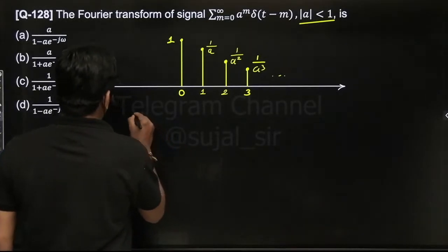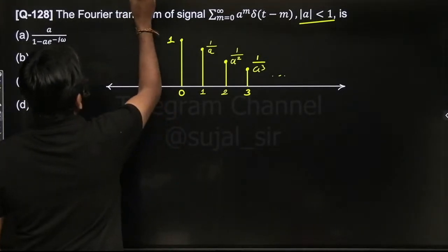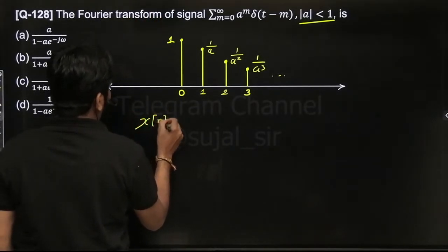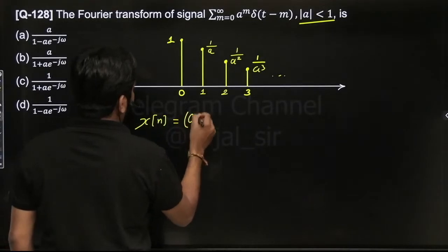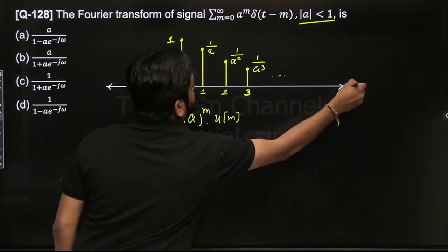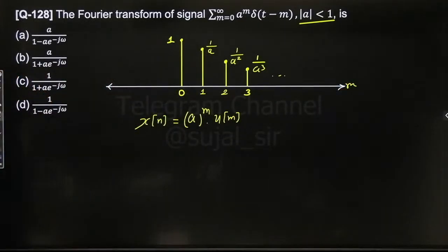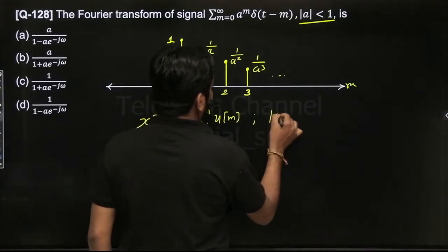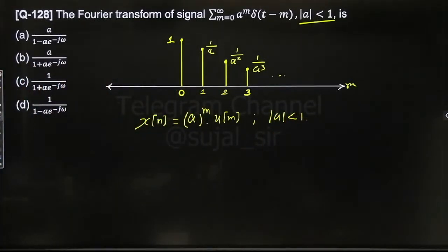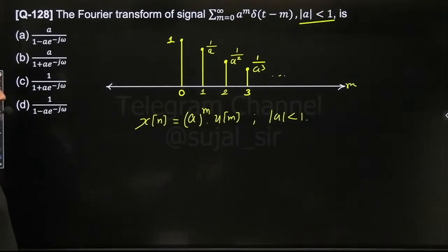Okay, we can write like this: x of m. Can we say like this? X of m is nothing but a power m into u of m, where this is m, guys, where mod a is less than 1.